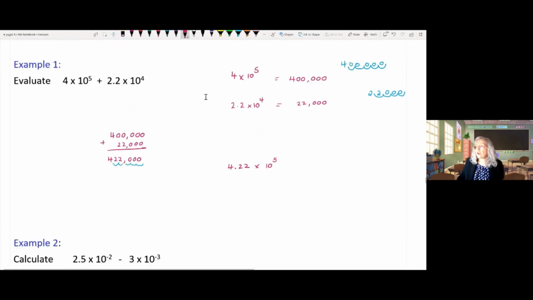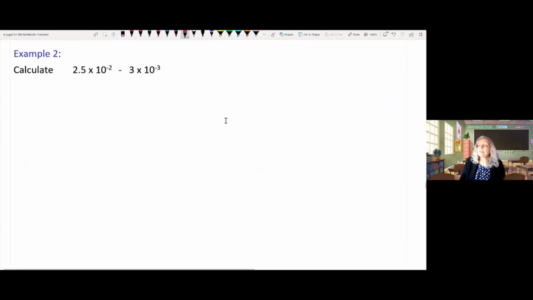Let's have a look at subtraction. So same thing with subtraction. I am going to write these first of all as normal numbers. So I'm starting with 2.5 multiplied by 10 to the power of minus 2. Well, 2.5, and this is a small number, so 1, 2, that is 0.025.